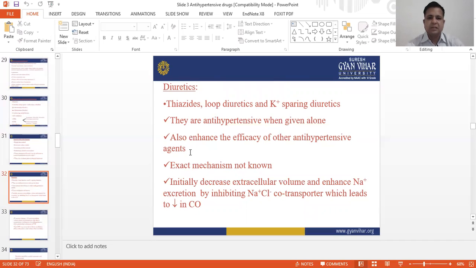They also enhance the efficacy of other antihypertensive agents. Exact mechanism unknown. Initially they decrease extracellular volume and enhance sodium excretion by inhibiting the sodium and chloride cotransporter, which leads to a reduction in cardiac output.